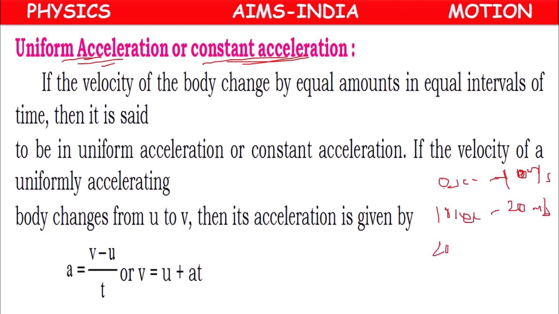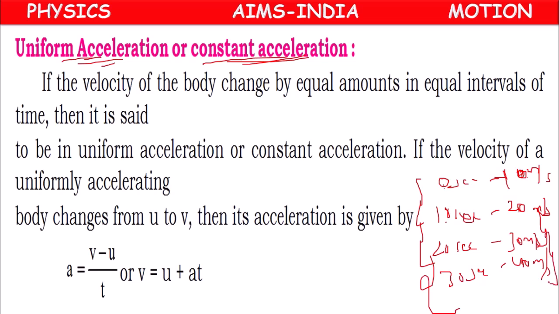Again after 10 seconds, means 20 seconds, velocity changed to 30 meter per second. Again after 10 seconds, 30 seconds, velocity changed to 40 meter per second. Means 0 to 10, 10 seconds, 10 to 20, 10 meter per second changed. Again 10 seconds, 10 meter per second, 10 seconds, 10 meter per second.